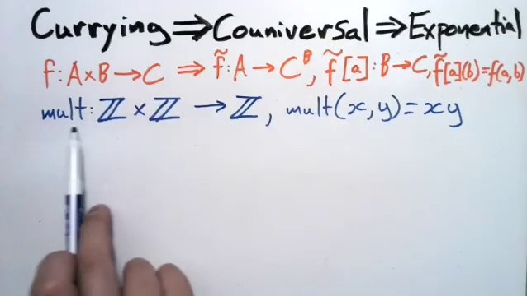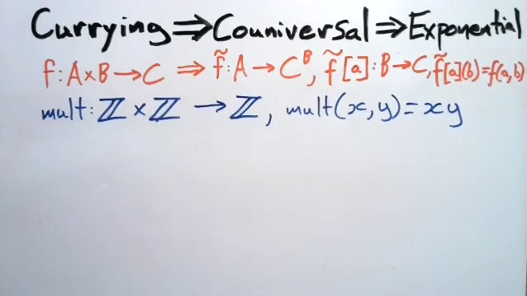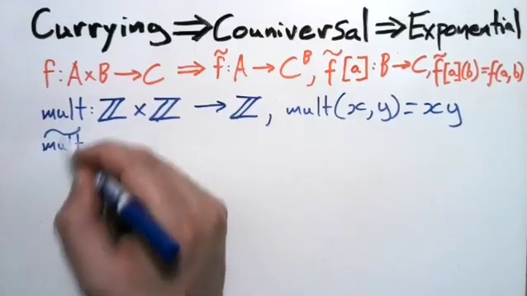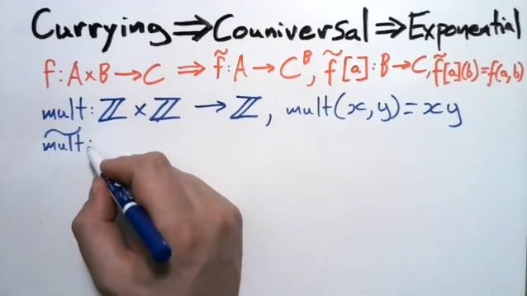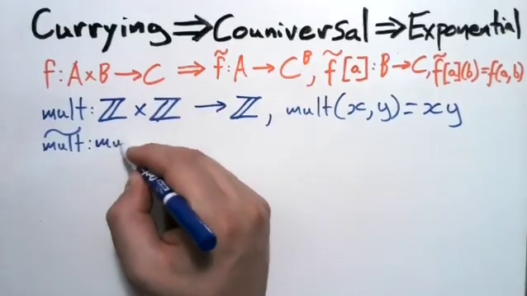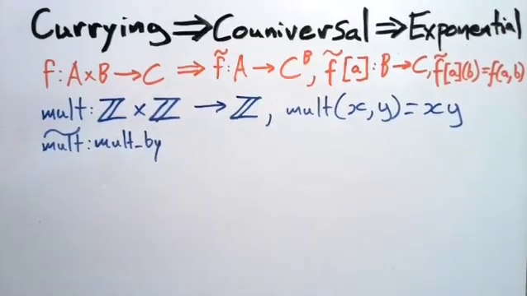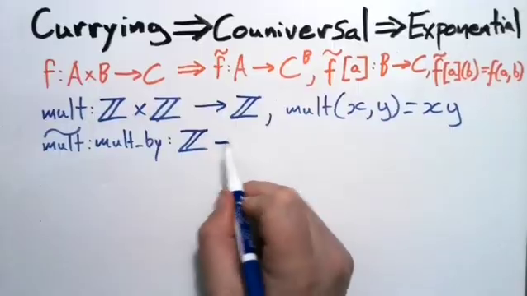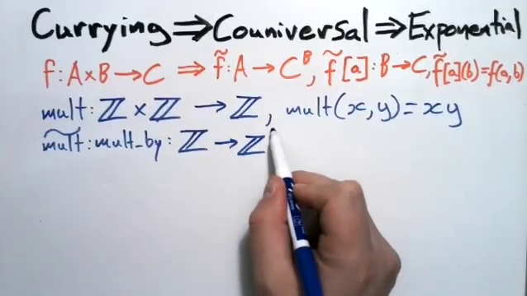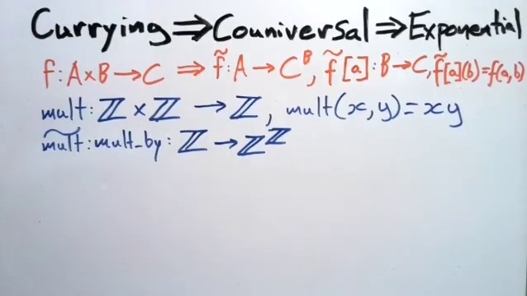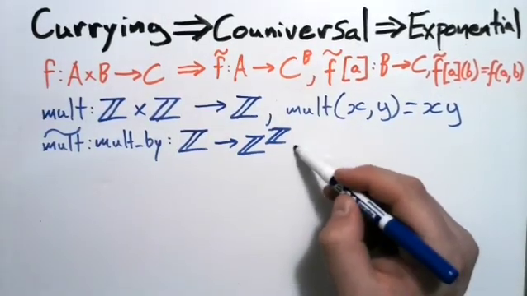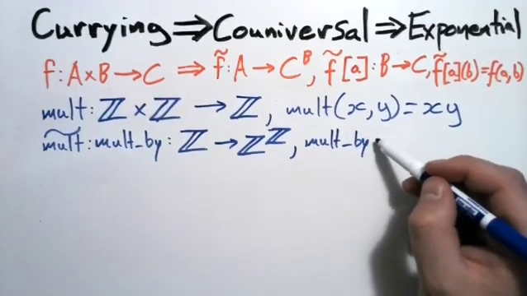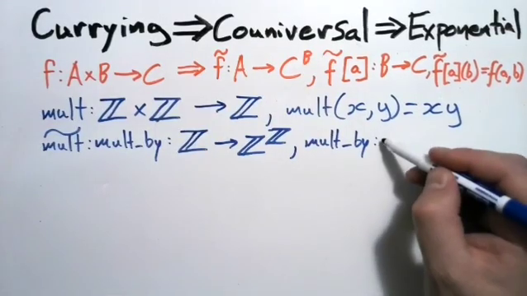Well, we can use this function of two input variables to define the curried version of multiplication, which we might call multiply by, which takes in the first variable, which is the integers, and returns a function from the integers to the integers, which corresponds to multiply by x.